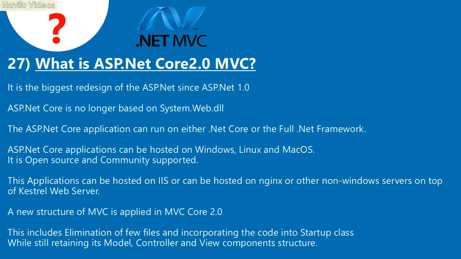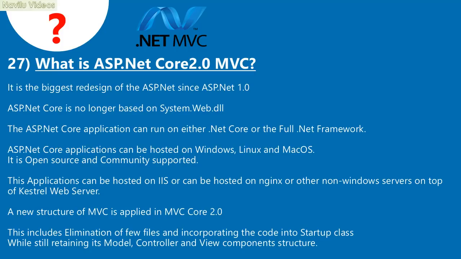27. What is ASP.NET Core 2.0 MVC? It is the biggest redesign of ASP.NET since ASP.NET 1.0. ASP.NET Core is no longer based on system.web.dll. The ASP.NET Core application can run on either .NET Core or the full .NET framework. ASP.NET Core applications can be hosted on Windows, Linux, and Mac OS.